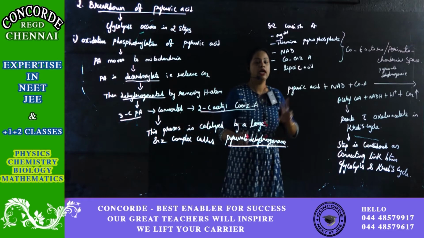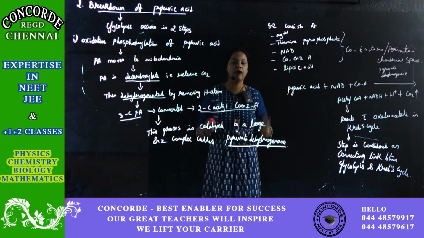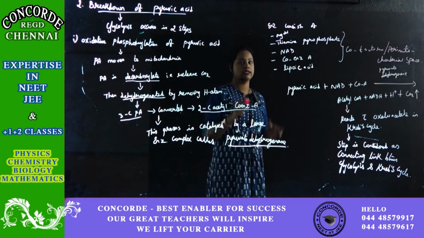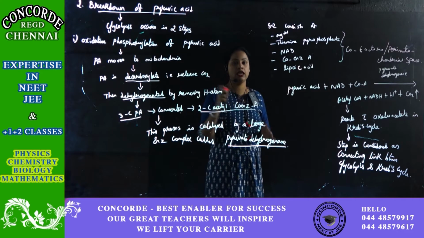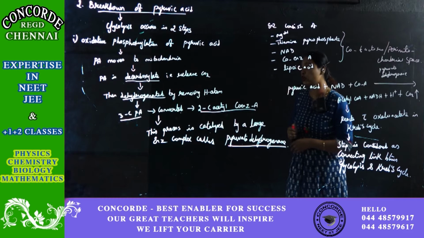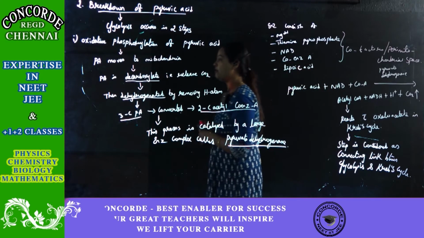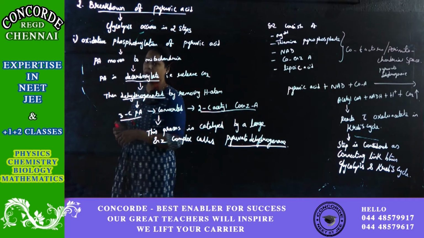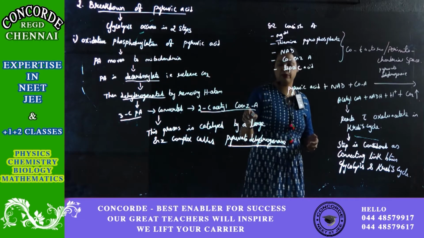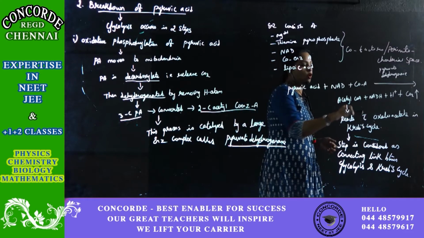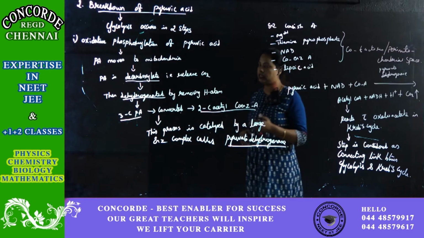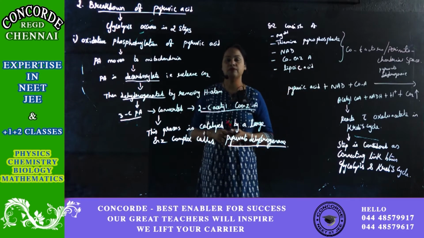Glycolysis is one process, Krebs cycle is another, but the breakdown of pyruvic acid connects them. The acetyl CoA produced reacts with oxaloacetate and takes part further inside the Krebs cycle.